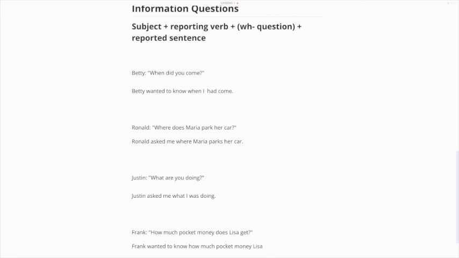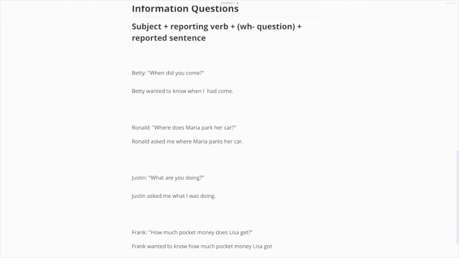Remember, because does is for questions, when we do it in the affirmative we're not going to use the auxiliary, but we're going to use the main verb in the past form. How much pocket money does Lisa get? What is the simple past of get? The simple past is got. So Lisa got. Instead of does Lisa get, Lisa got.